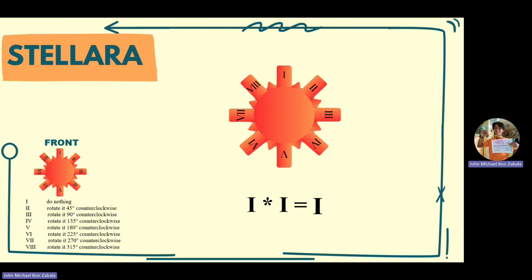1 star 1 is 1. The Roman numerals 1 star, the Roman numerals 1 will become 1 also kasi do nothing star do nothing is do nothing pa rin.